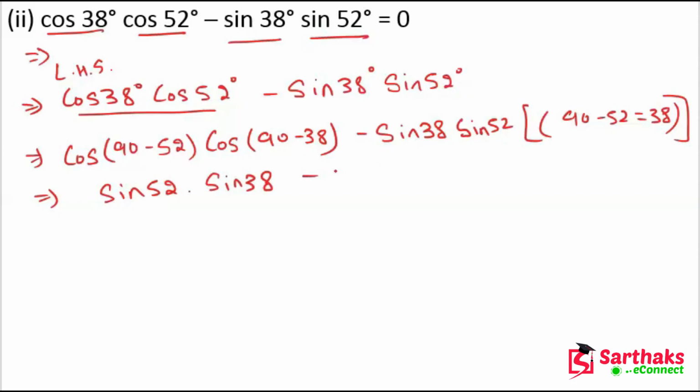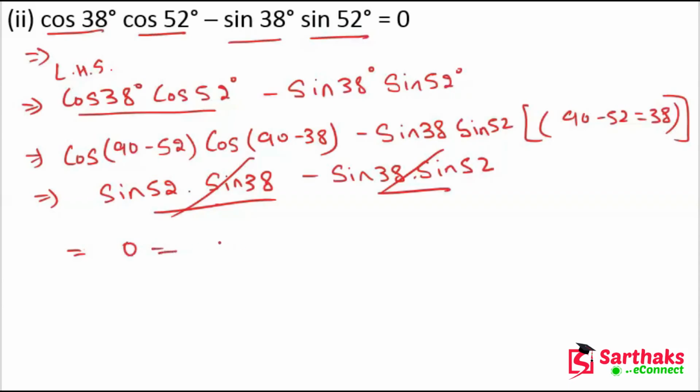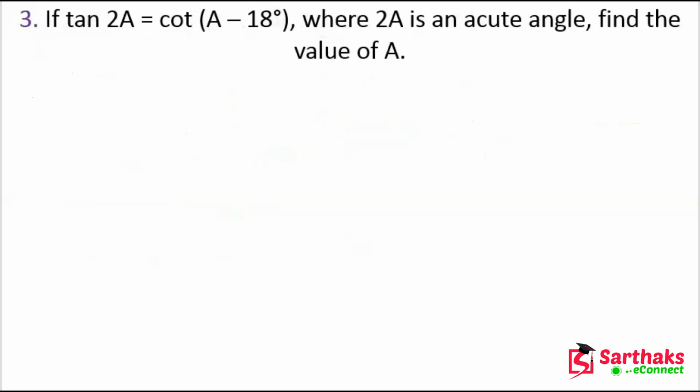So this will become sin 38 dot sin 52, and these two terms are the same, so we can cancel them, so this will give us 0, which is equal to RHS. Hence proved. So in this case also we can make this term similar to this term. Yes.